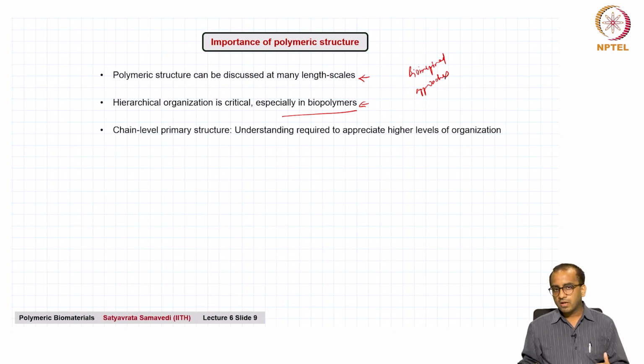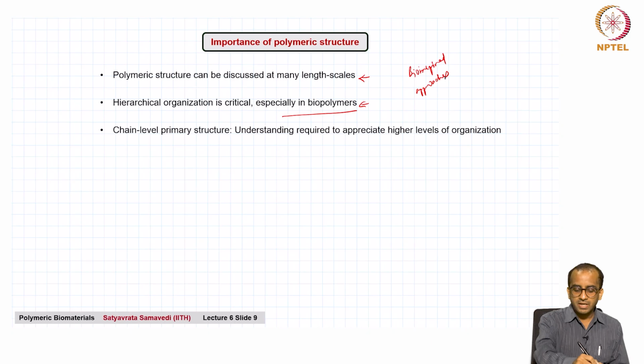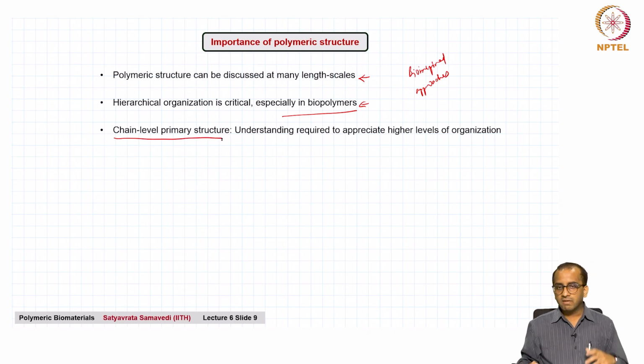Now, when you think of polymeric structure, one thing that we should think about more carefully is the chain level primary structure, or what happens in one chain of covalently linked MERs joined together in one long chain. This is required for us to understand and appreciate what happens at higher levels of organization.